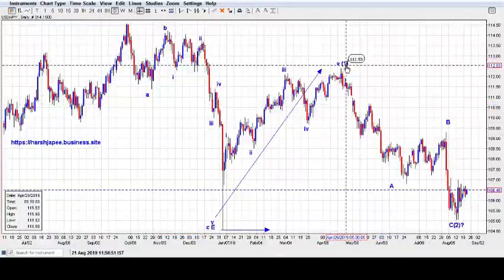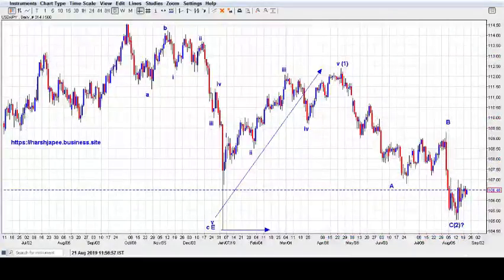Alright, now we've got a 5, 3 and 5. It's a zigzag actually. That's what it looks like.